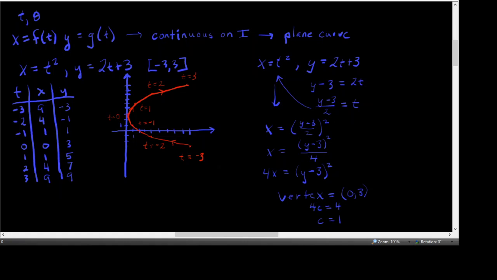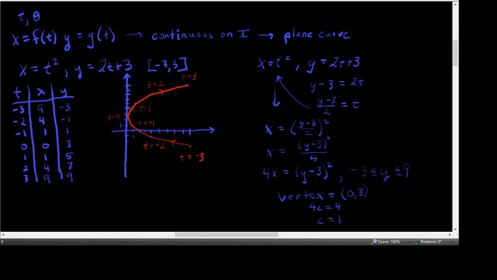So if we were to say, well, x has to be between 0 and 9, that's not a false statement, but what would make sure we get all of those points is if we were to say that we're going to let y be something that varies from -3 to 9, and that would capture all of these points. And so with that addition to the equation of that parabola, that tells us what points we're graphing on that parabola.